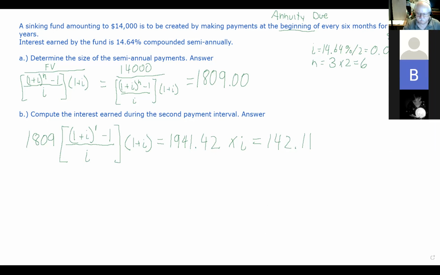They want 274.53. So what are we doing wrong here?